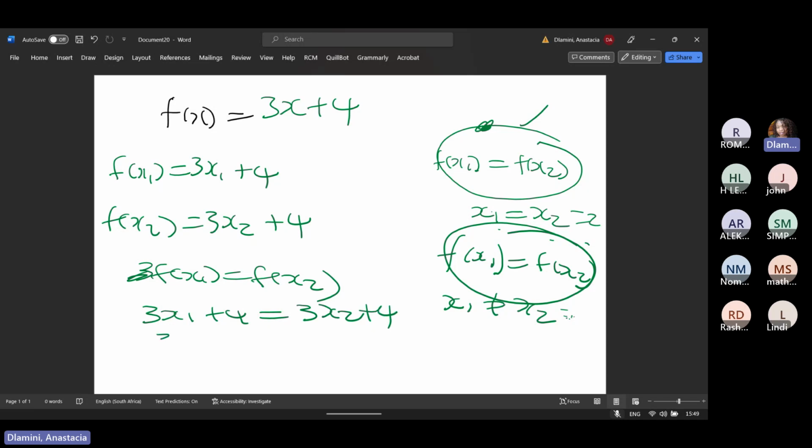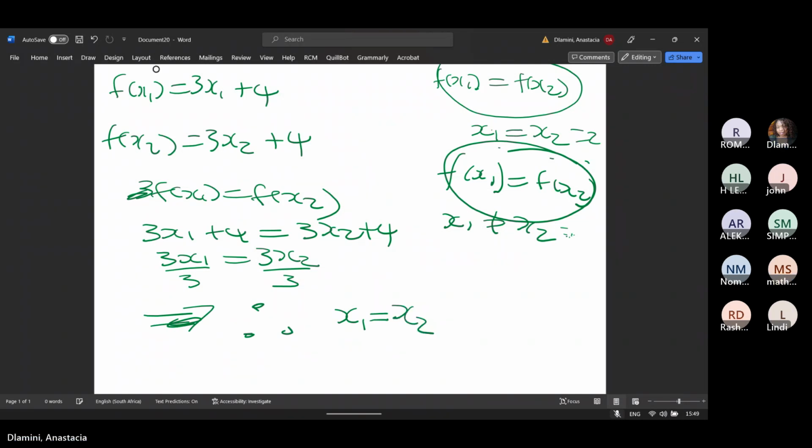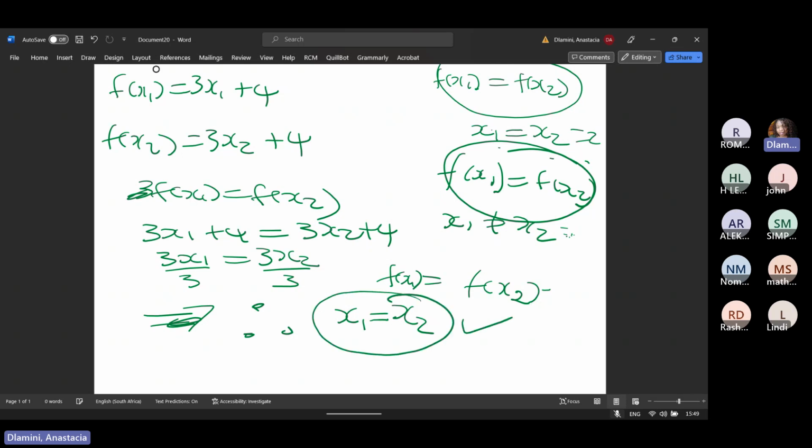Minus 4 both sides, you're left with 3x1 equals 3x2, divide by 3 both sides. Therefore, you get x1 equals x2. So meaning that f of x1 equals f of x2 implies x1 equals x2. Then you have shown that this is a one-to-one function. That's another way of showing that it's a one-to-one function.